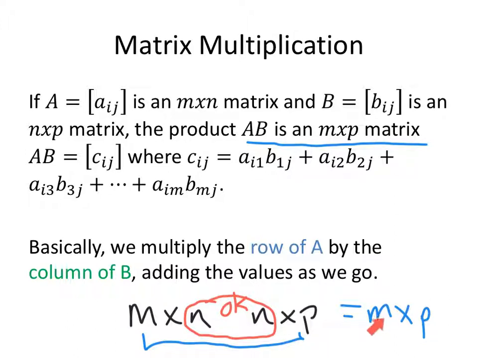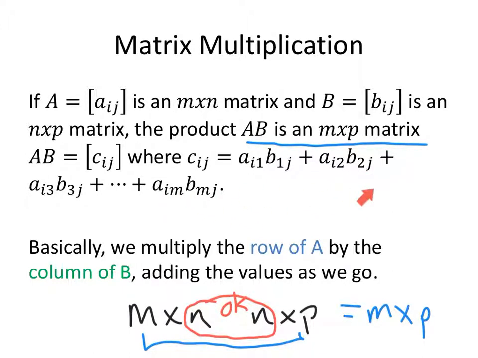Well, okay, I know what size it is, but how do I get the entries? Well, the product AB is equal to the matrix Cij, where Cij is Ai1 times B1j plus Ai2 times B2j and so on. What the heck? First of all, improper use of the m's. Those should be n's.